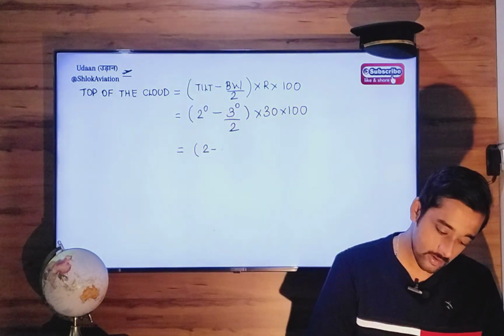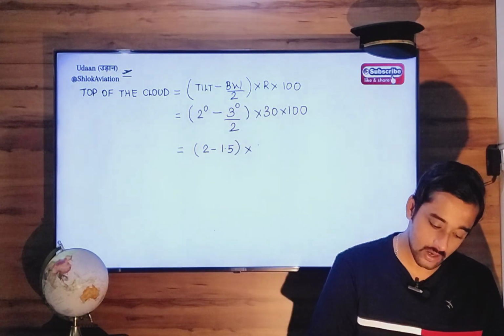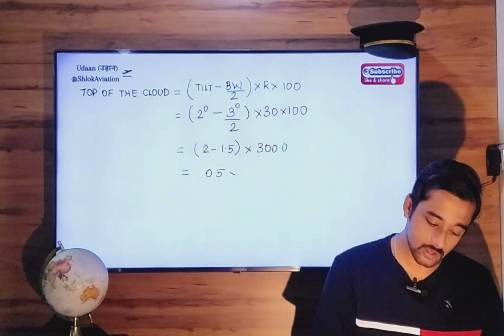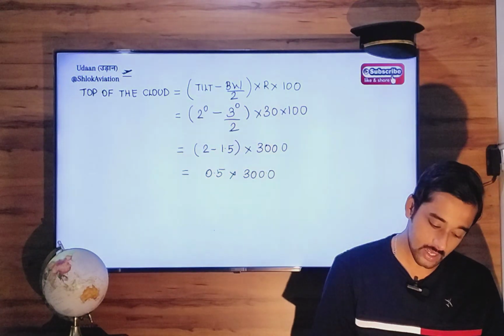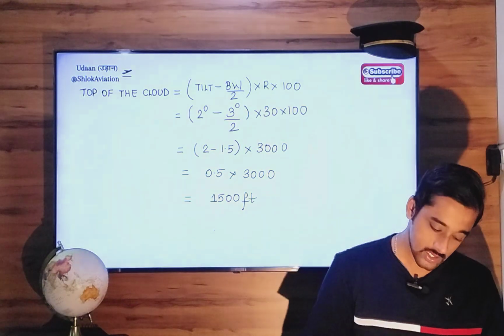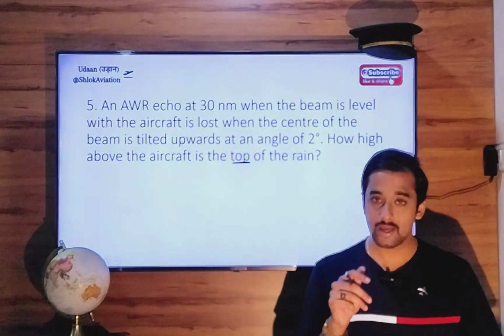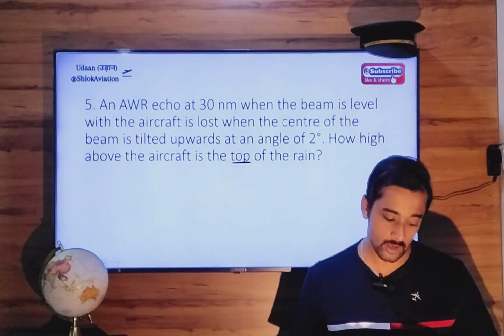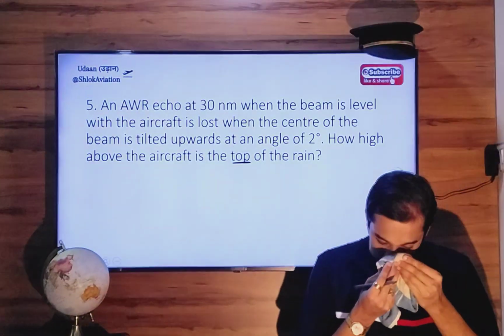2 minus 1.5 into 3000. So 2 minus 1.5 is 0.5, into 3000. That is equal to 1500 feet. So that means the top of this cloud is 1500 feet above your aircraft altitude, or above your aircraft flight level.